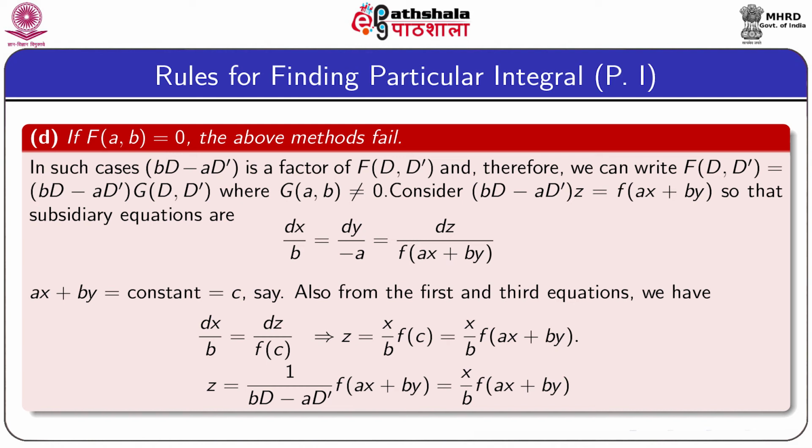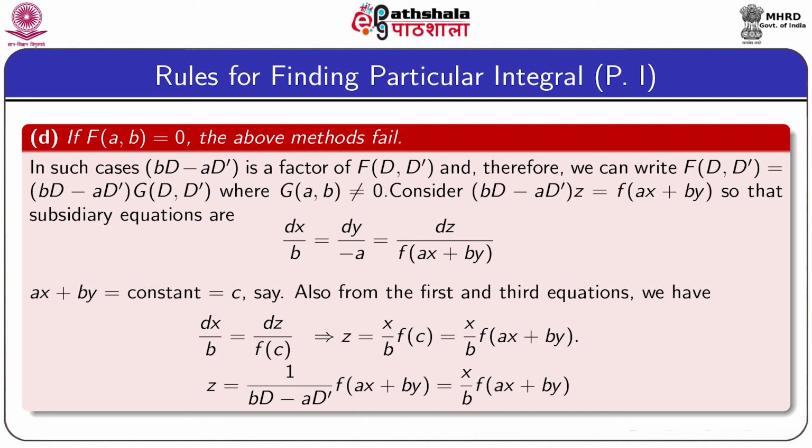For that case, in the function capital F(d, d dash), there will be a factor bd minus ad dash. So, we can take out that factor from F, and F can be written as bd minus ad dash into some function G of d and d dash, and we also assume that G(a, b) is not equal to 0.